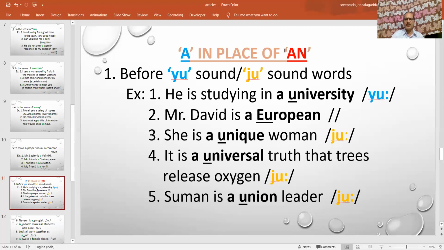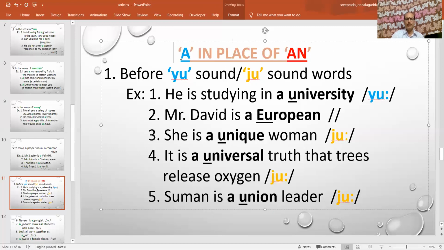There are some exceptions. Why should we give some exceptions? As we have already noted, sound is important, not the letter. It's not the question of a letter, consonant or vowel. It is the question of its sound that is important, to place either a or an before it.